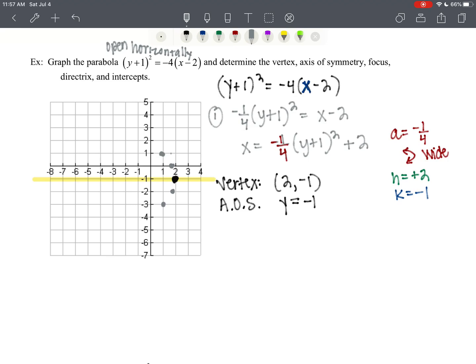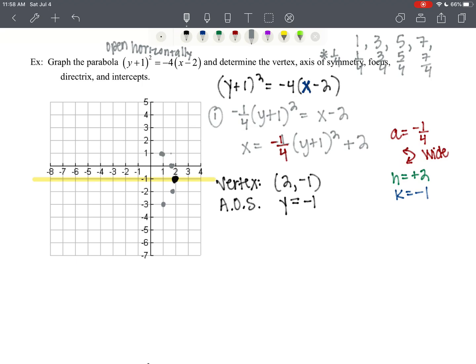So that works. Now, remember, 1, 3, 5, 7, 9, 11. I'm going to multiply that by 1/4, and I get 1/4, 3/4, 5/4, 7/4.